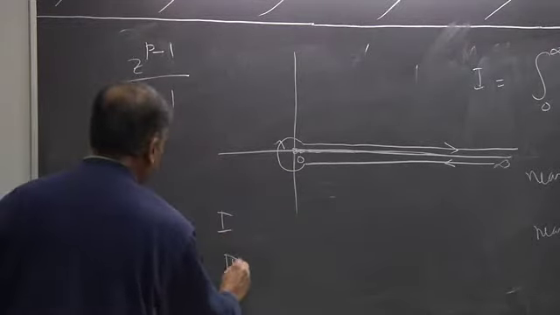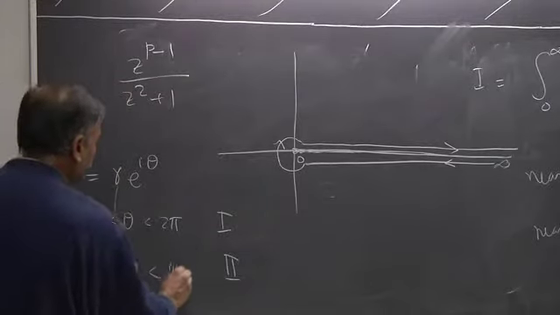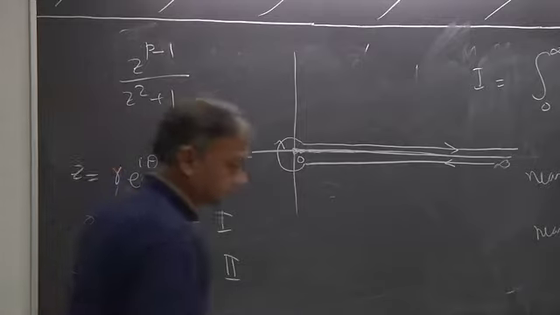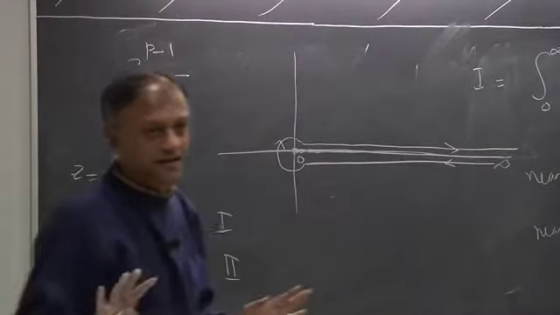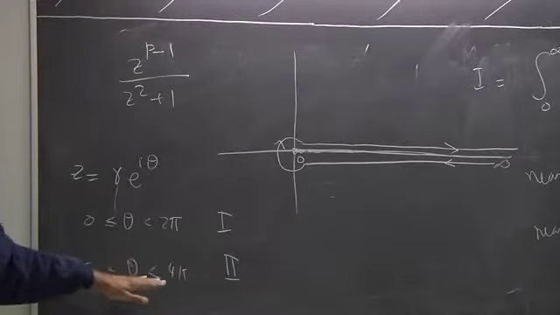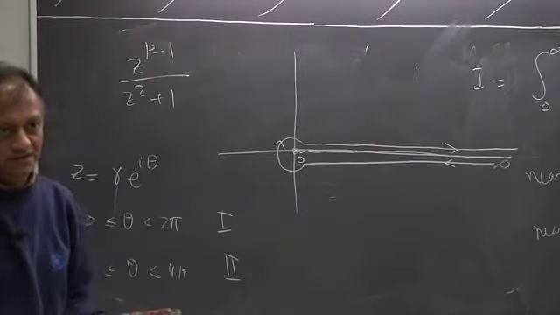If you go to the second sheet, theta will be between 2 pi and 4 pi, right? And it keeps going like that. But I will be working just in the first sheet. The final result will be independent of which sheet you choose. And I will leave that as an exercise for you, because it's instructive to see. It doesn't matter which sheet you had chosen to evaluate this integral. The final answer will be the same.